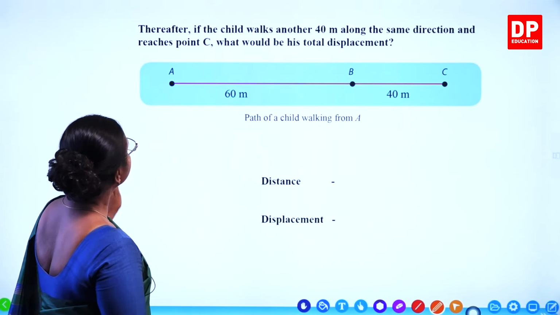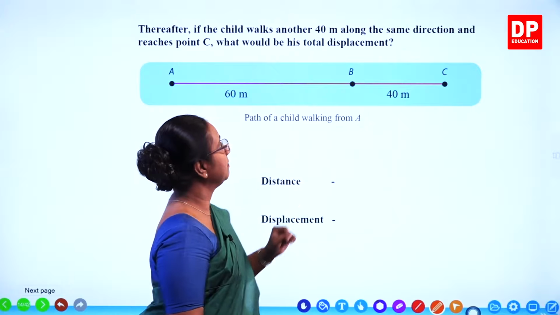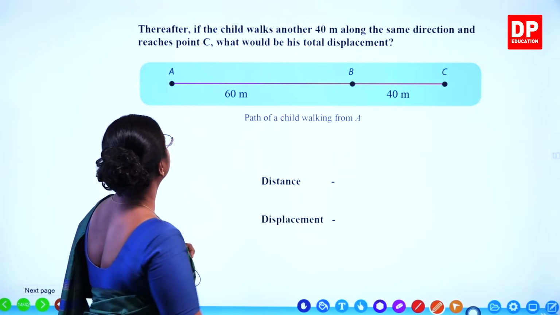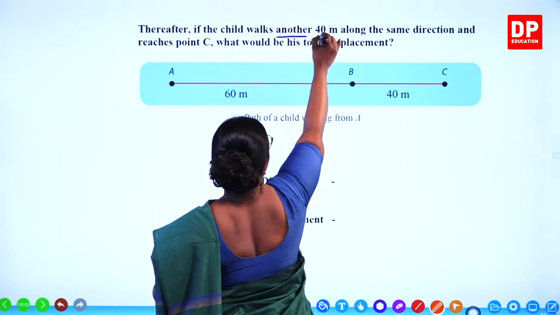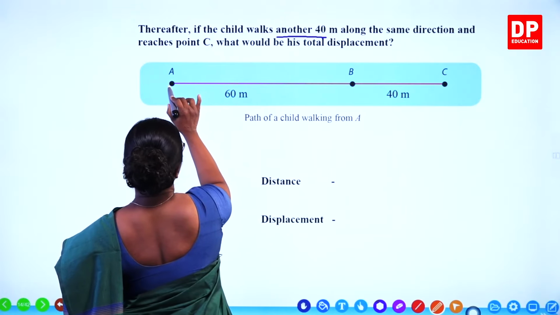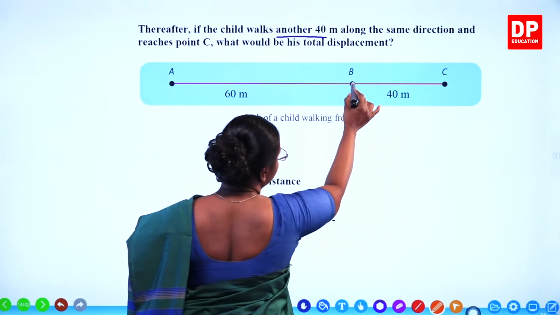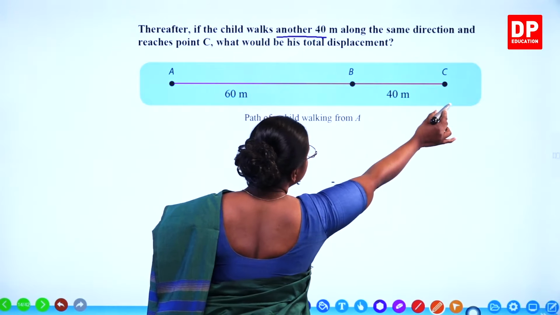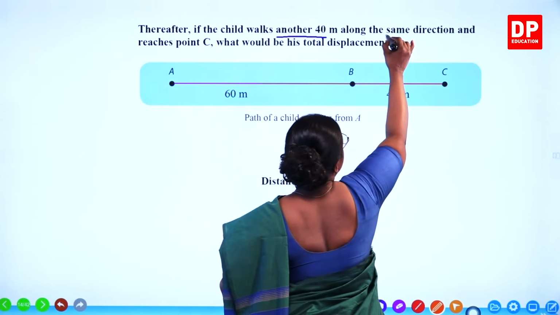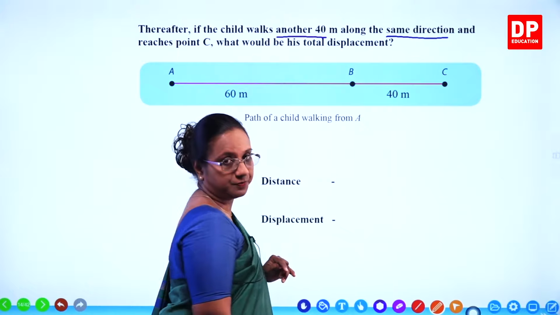We will see what the child does next. Now the child walks another 40 meters along the same direction, another 40 meters. So already she has covered from A to B. Now from B to C in the same direction.